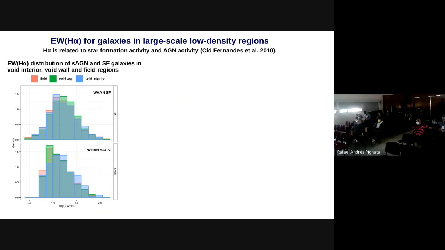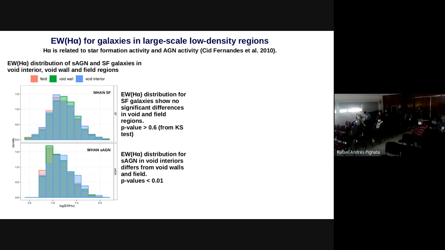The upper histogram shows the distribution of the equivalent width for star-forming galaxies, and the lower panel is for strong AGN. The colors correspond to the large-scale regions. For star-forming galaxies we can note very similar distributions, but for strong AGN we can see that the values are higher for galaxies in voids, especially for void interiors.